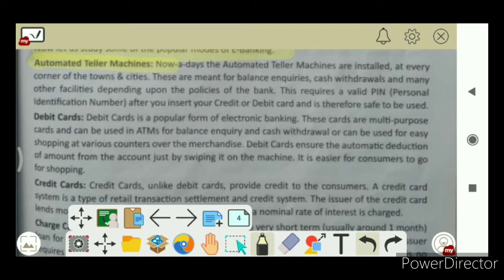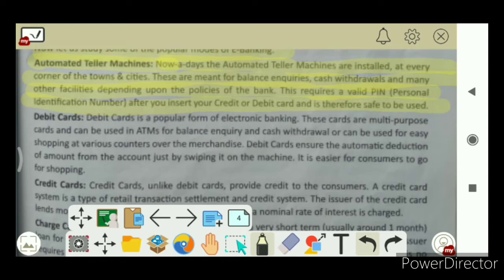Nowadays automated teller machines are installed at every corner of towns and cities. These are meant for balance inquiries, cash withdrawal, and many other facilities depending upon the policies of the bank. This requires a valid PIN, personal identification number, after you insert your credit card or debit card, and it is therefore safe to use.